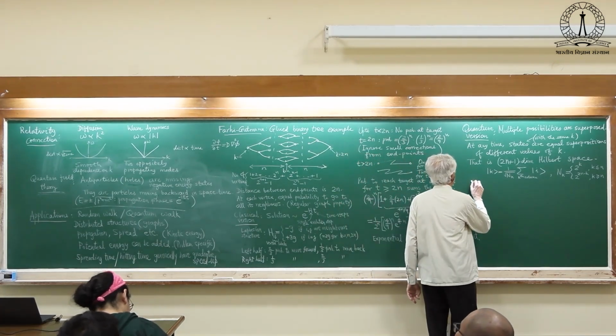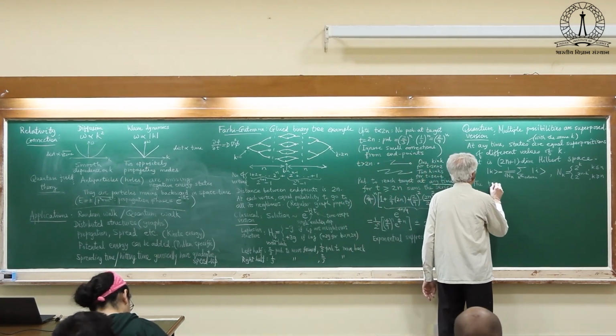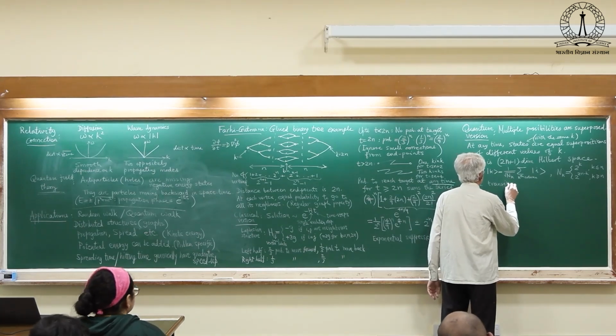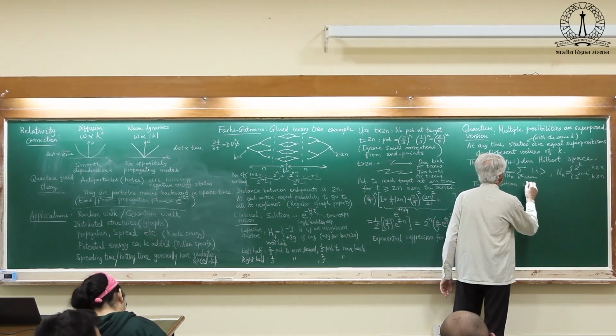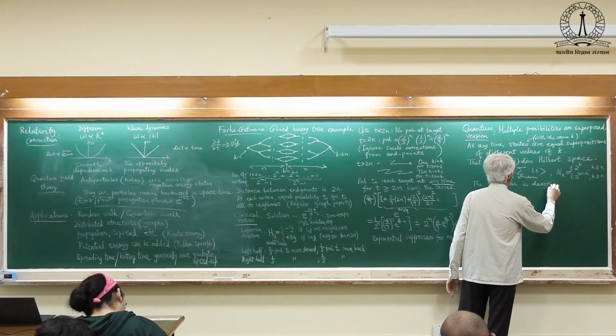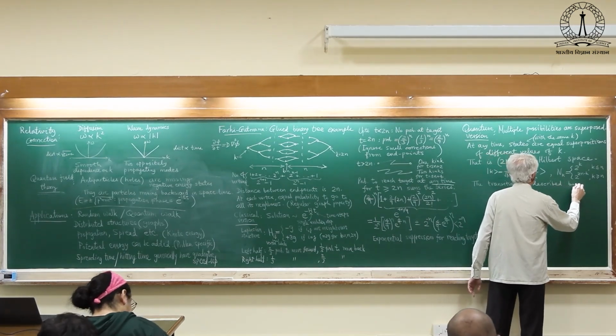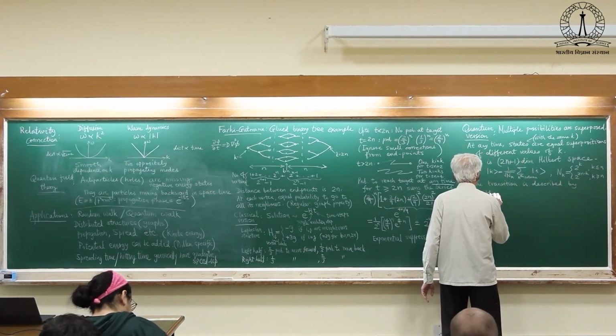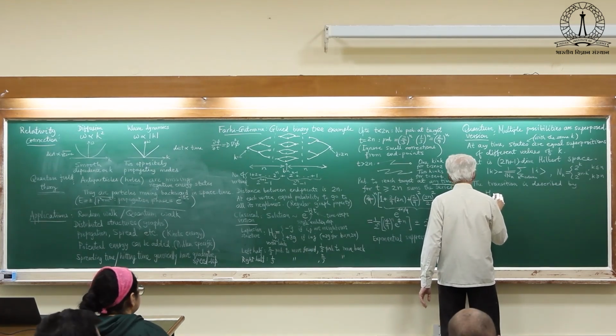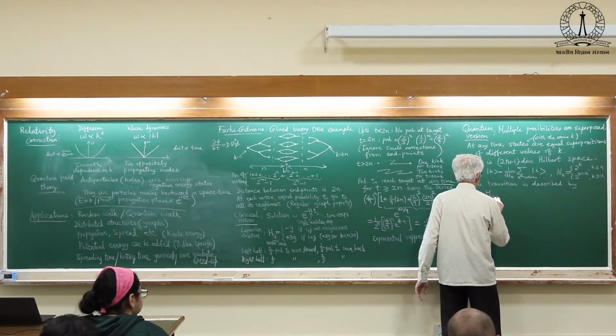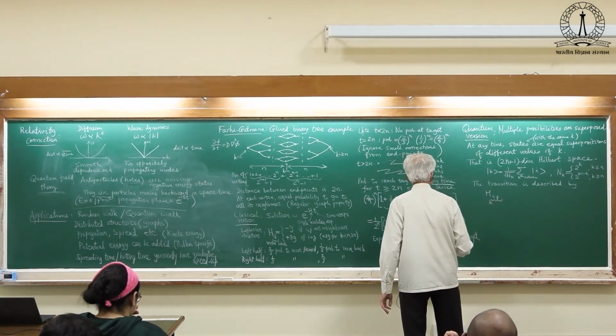So the transition by this h, I will put it, but these are now k labels, not vertex labels.